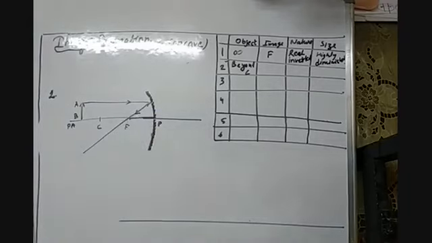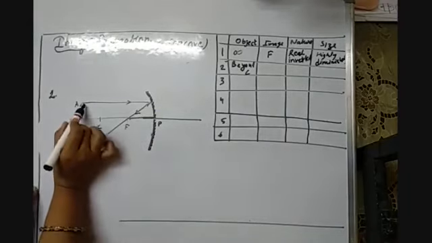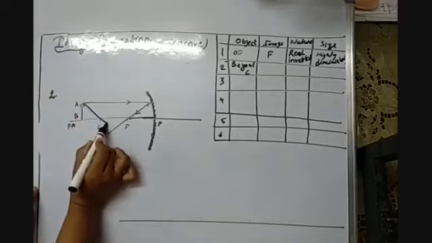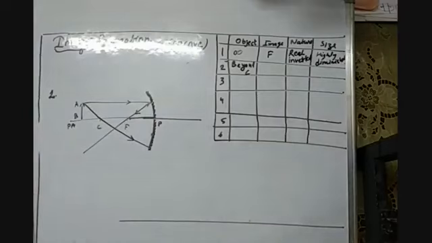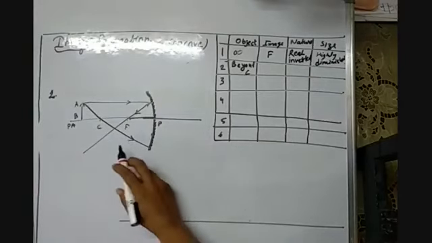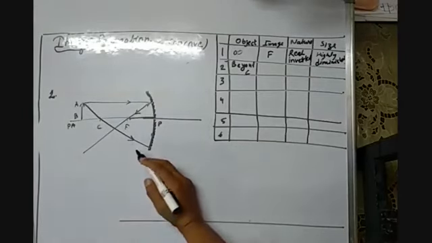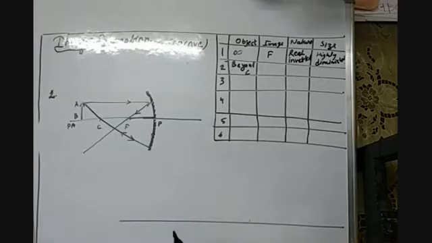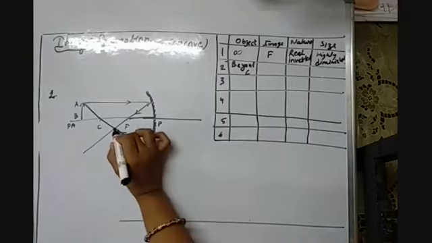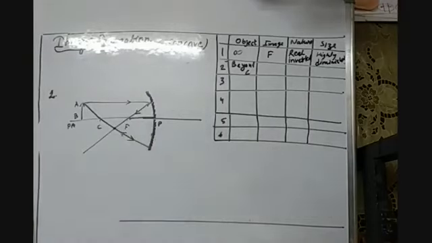And the second ray that we can take is the ray passing through the center of curvature. As we know, incident light coming from the center of curvature retraces its path and passes through the center of curvature only. So here we get a point of intersection of these two reflected rays.